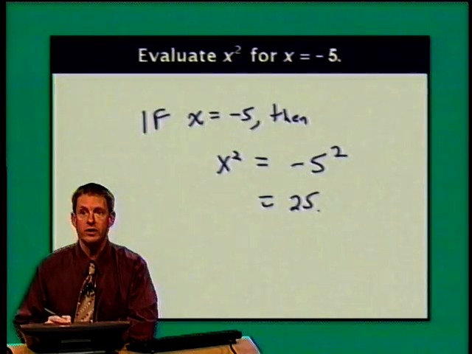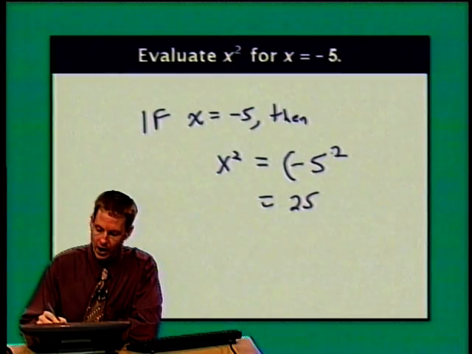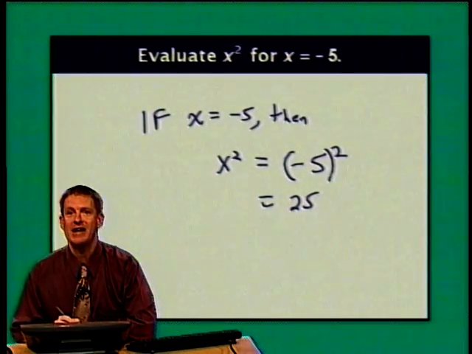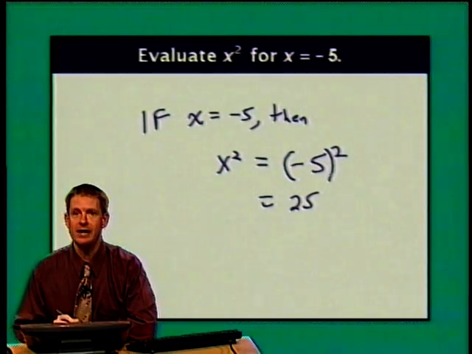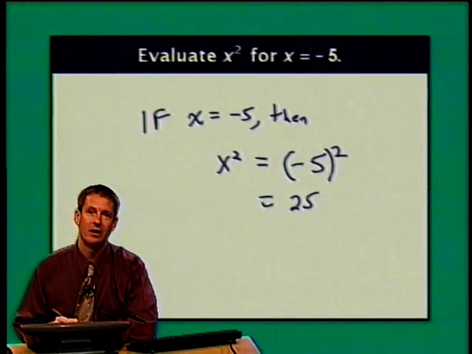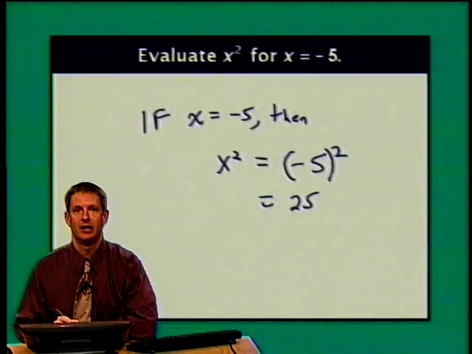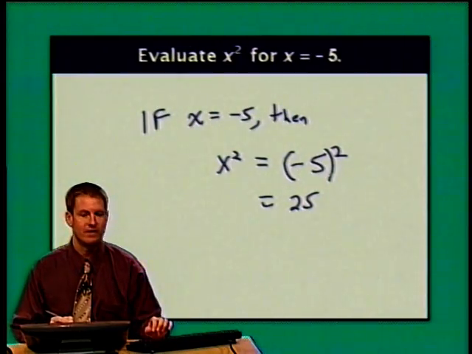So what we're going to do here is write the negative 5 inside parentheses, because now we have correctly indicated that the number that's being squared is negative 5. And negative 5 times negative 5 is a positive number, because when you multiply together two negative numbers, the result is positive. In this case, positive 25.